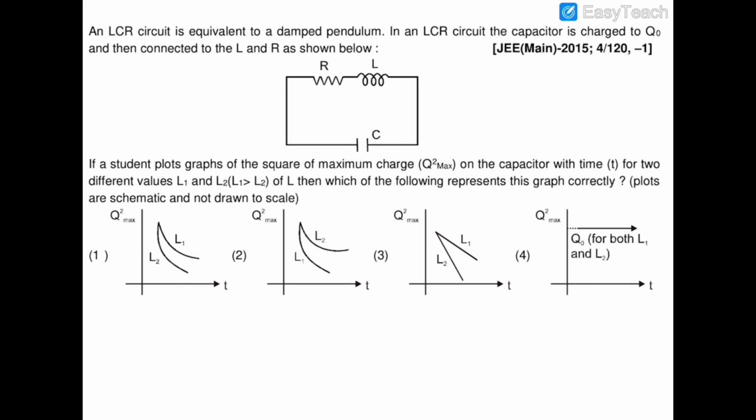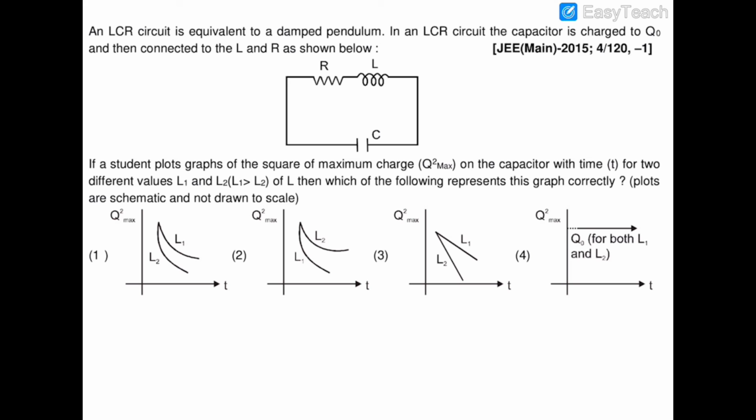In this question, we can see that there is an LCR circuit which is equivalent to a damped pendulum. Why is it being said in the question? Because we know that an LC circuit is an oscillatory circuit which is equivalent to a spring block system or a pendulum which is oscillating.